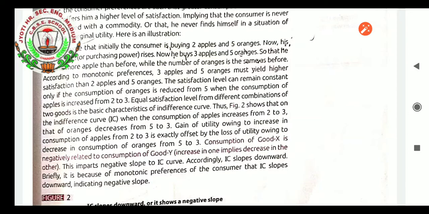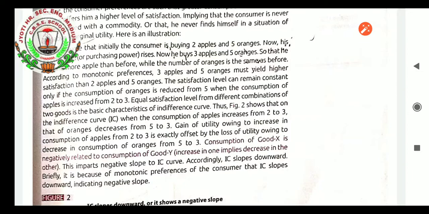Thus figure 2 shows that on indifference curve IC, when the consumption of apples increases from 2 to 3, that of oranges decreases from 5 to 3. That I will be showing to you. The gain of utility owing to the increase in consumption of apples from 2 to 3 is exactly offset by the loss of utility owing to the decrease in consumption of oranges.